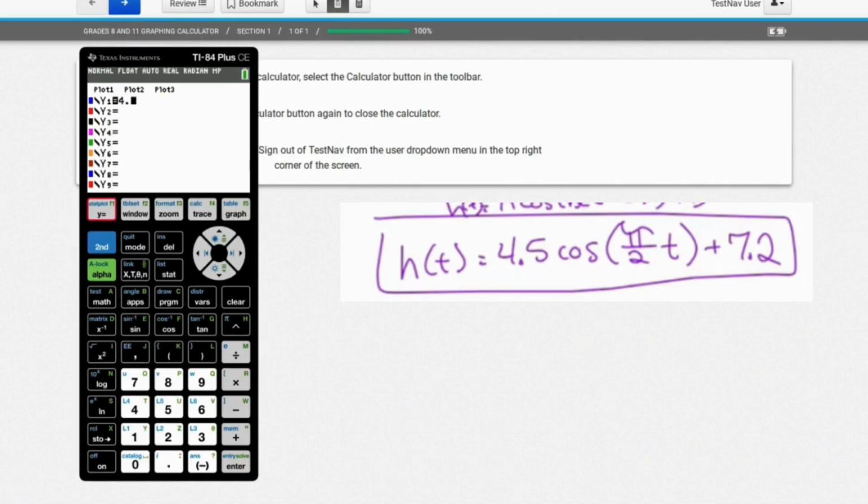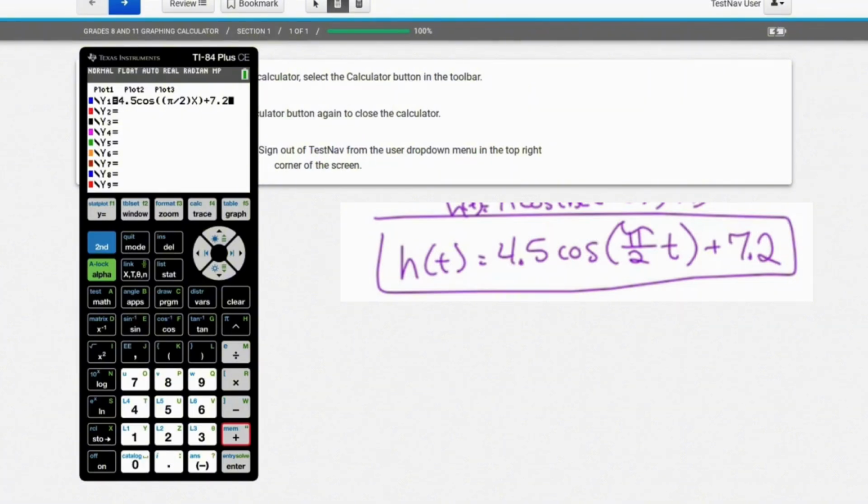We've got 4.5 cosine. And then I like my fractions wrapped in parentheses, so that's going to be pi over 2, close it, x, close it again, plus 7.4, no, 7.2, that was a close one, that would change everything.